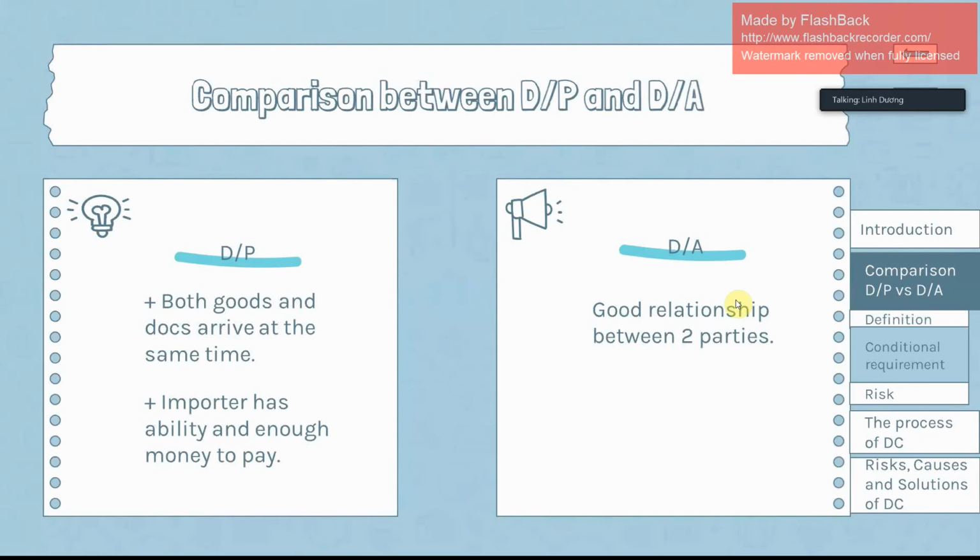Because before we have compared the DP and the forward DP, so this is different from the forward DP. No. Even under DP or DA or forward DP, we cannot state both goods and documents arrive at the same time, because the goods were sent from the exporter to the importer. The documents were sent from the exporter to the importer, but through the banks. So how can they arrive at the same time?